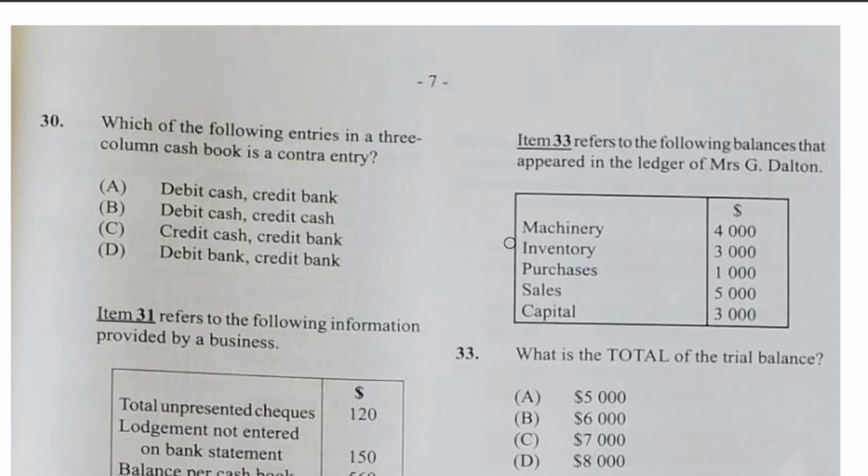So you either debit bank and credit cash, or credit bank and debit cash. So let's see the first one, debit cash, credit bank, and this here is a valid transaction. Debit cash, credit cash does not make sense. This is not double entry. Credit cash, credit bank, no. Debit bank, credit bank, no.